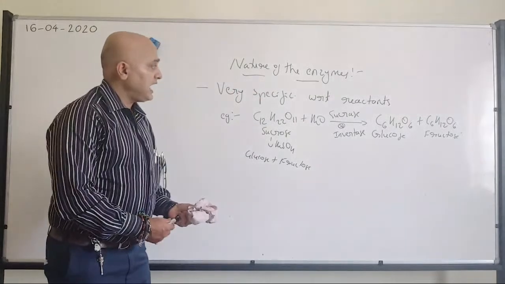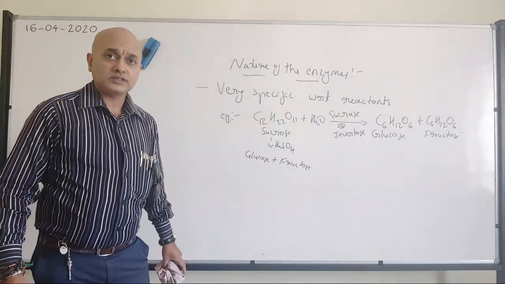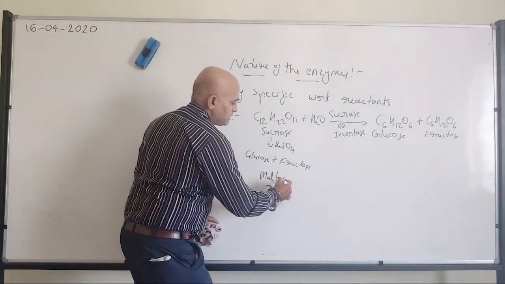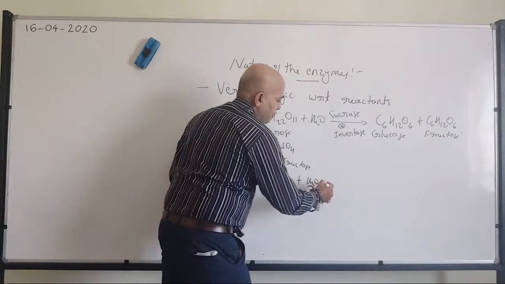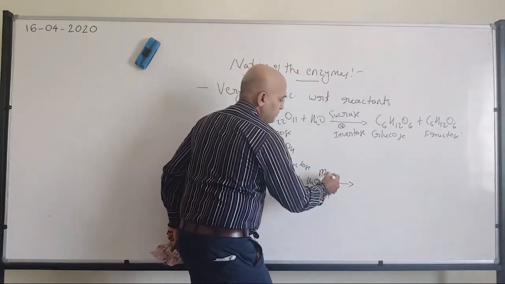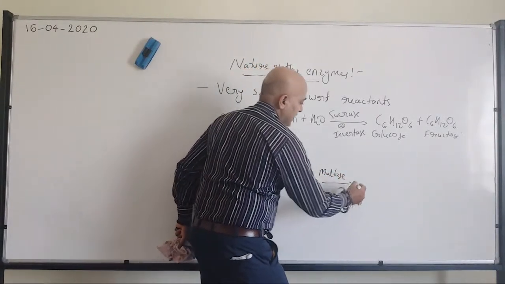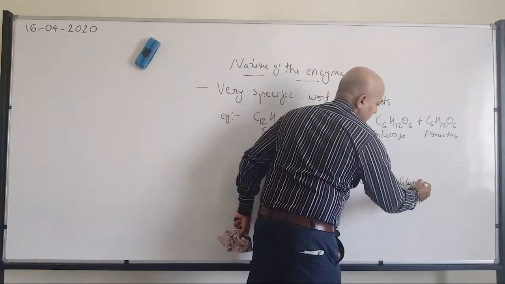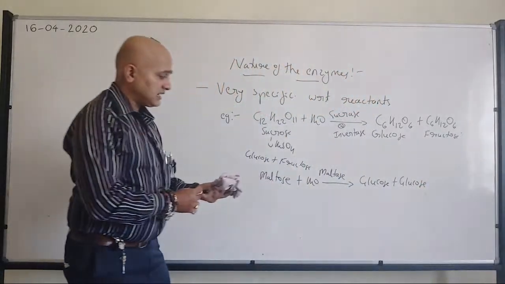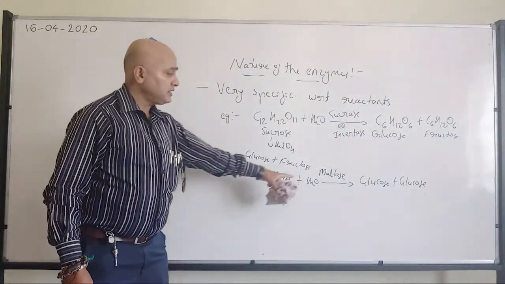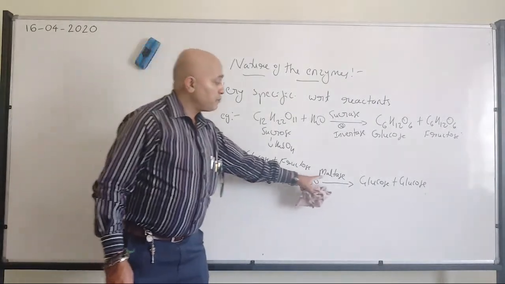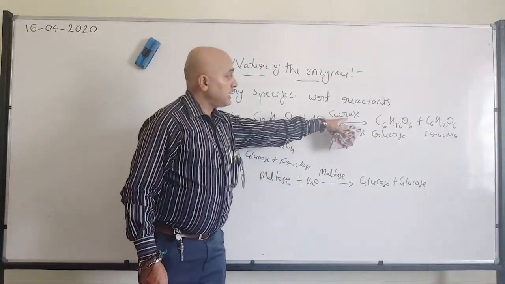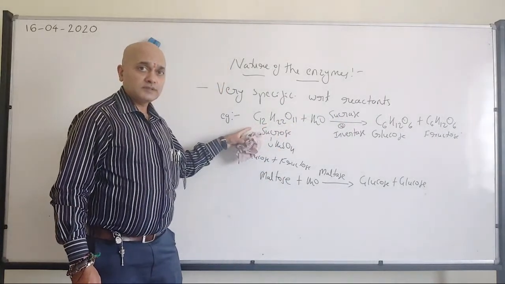Now we have another molecule, maltose. Everything you are going to discuss in your biomolecule topic. This maltose will be acted on by the enzyme maltase to give rise to glucose and glucose, another disaccharide. Now why have I written this reaction? Because maltase is specific for maltose, and sucrase is specific for sucrose.